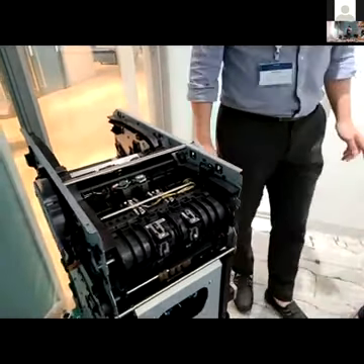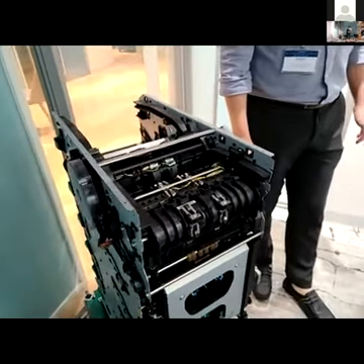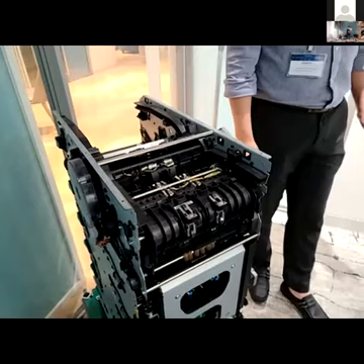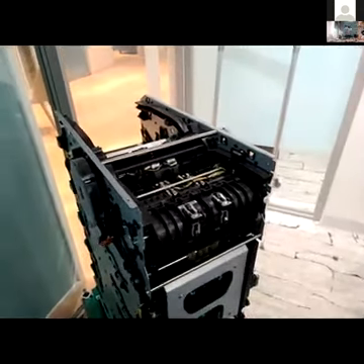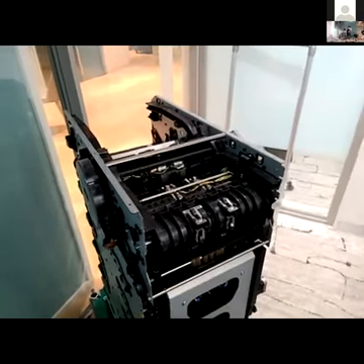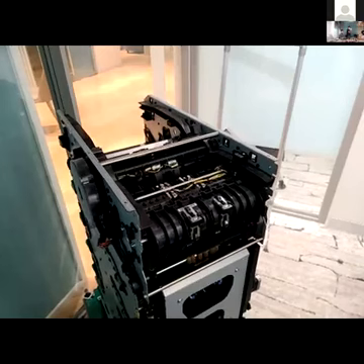Just screw whole things together, like half screw with the first screw. 완전히 조이지 말고 조금씩만 조였다가 나중에 한꺼번에 완전히 조이세요. And then after that, screw completely.